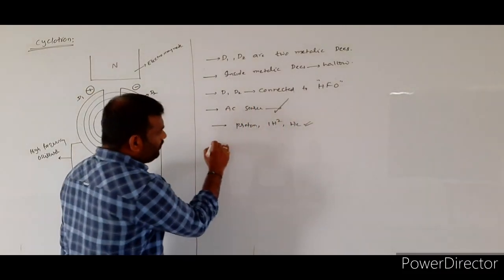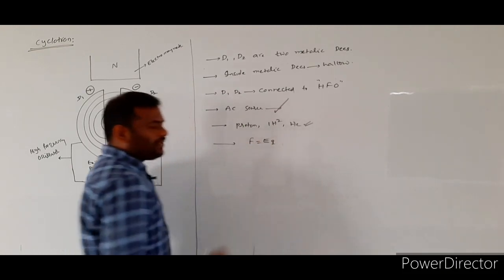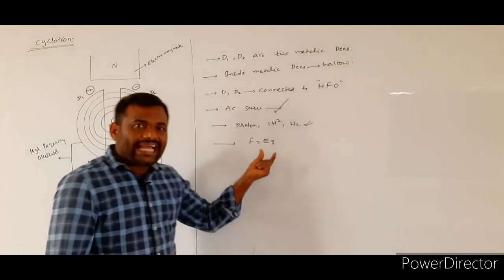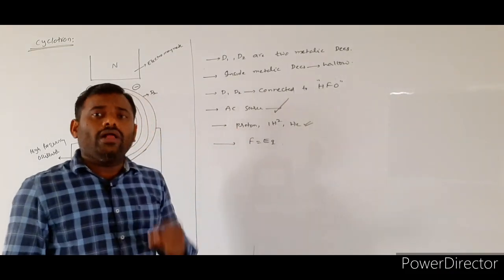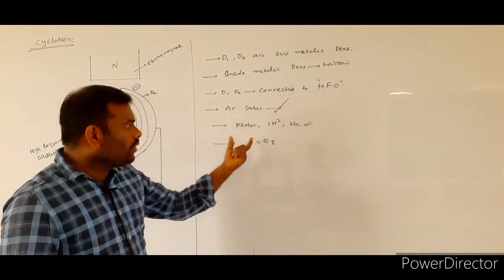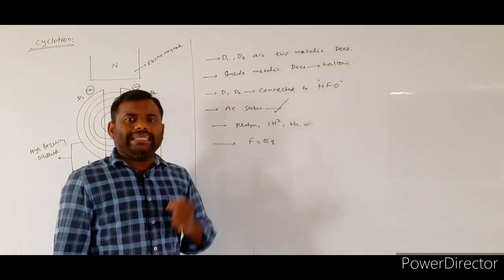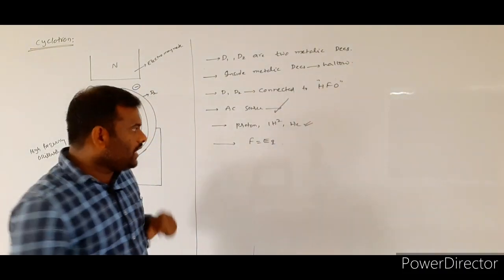Attracted by D2 means there will be some electrostatic force of attraction acting over the charged particle. So a force of magnitude F is equal to EQ.